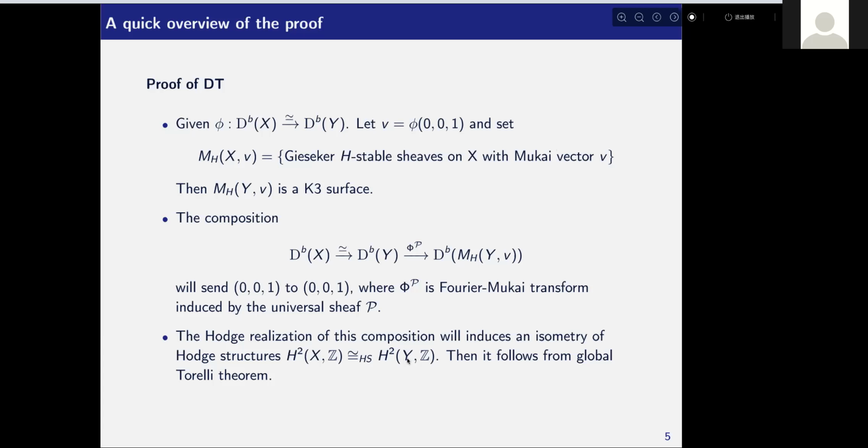And then it shows that X is isomorphic to this moduli space of sheaves on Y.